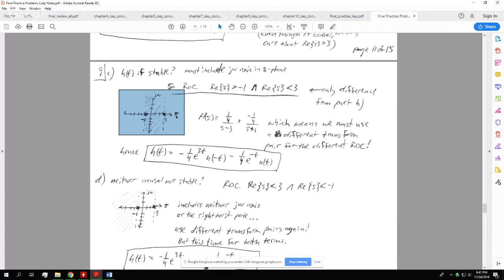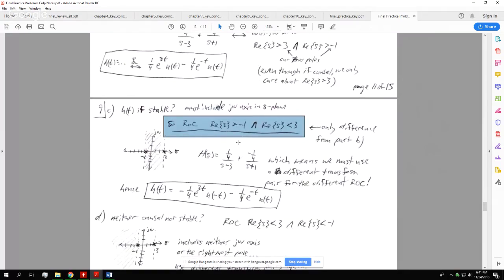We call the real part sigma and the imaginary part j omega. If it's stable, that means we include the j omega axis in our shaded region of convergence. That's by definition. So our region of convergence will look different when we write it in mathematical terms rather than just visualizing it graphically.